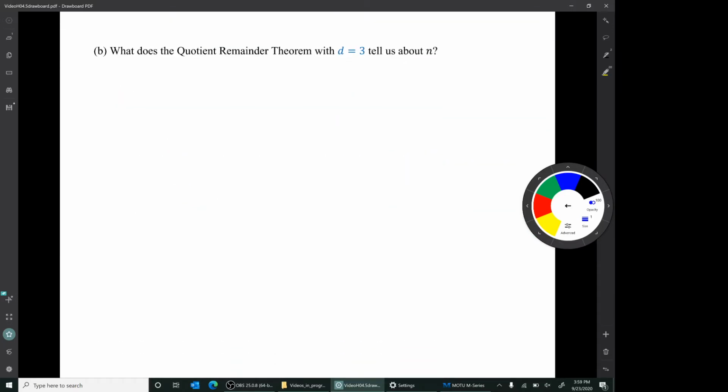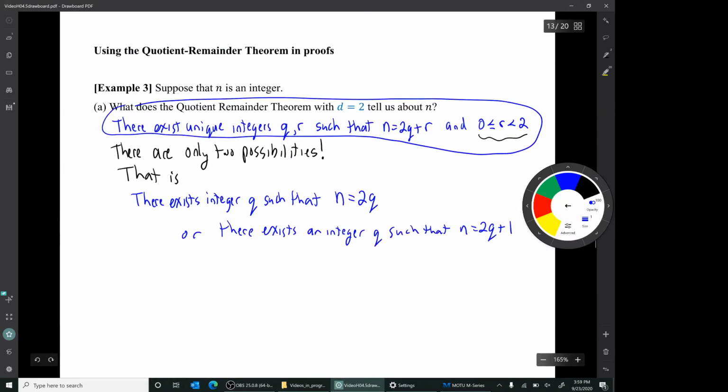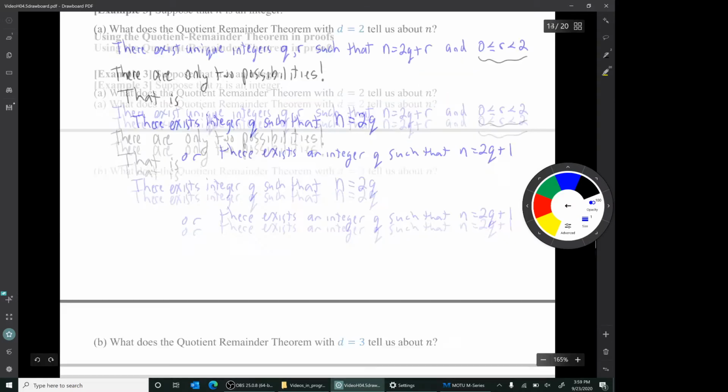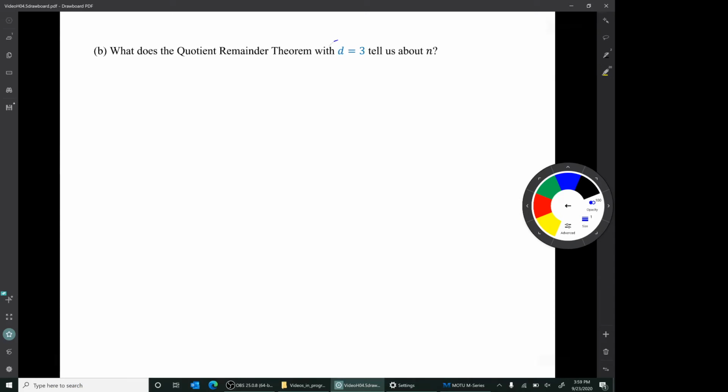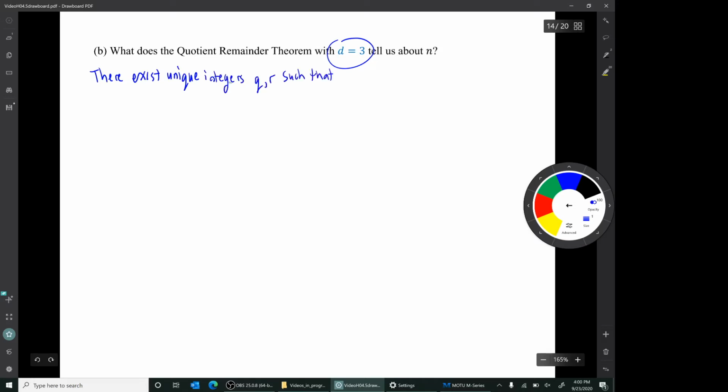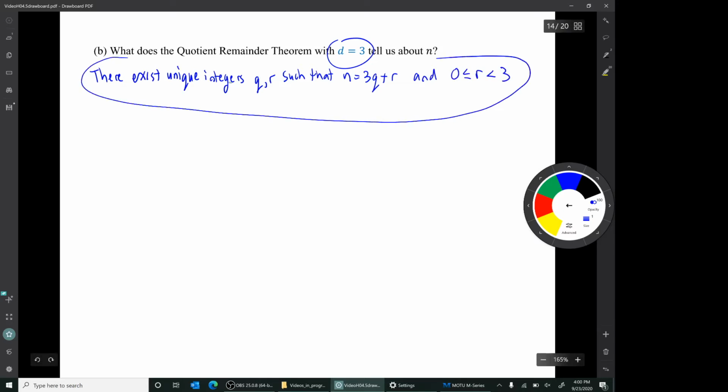Question B says, what does the quotient remainder theorem with d equals 3 tell us about n? Well, let's go back up and look at what we just did. We copied down the quotient remainder theorem using d equals 2, and it became this sentence. Let's copy down the quotient remainder theorem with d equals 3. So the quotient remainder theorem says all this stuff.